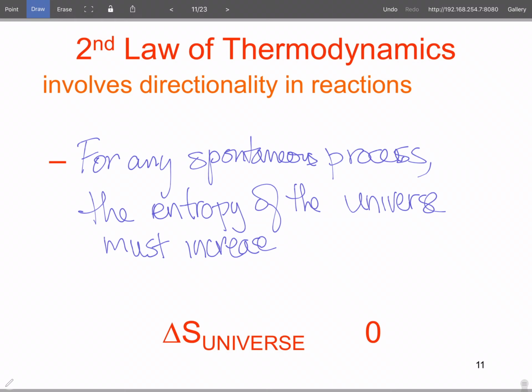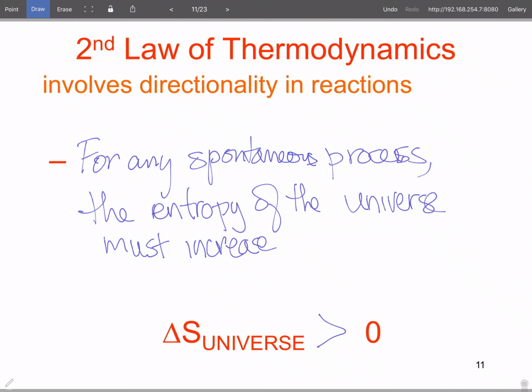So what this says is that when you have a spontaneous process, it may be non-spontaneous on the local scale, but it may be more random on the universal scale.